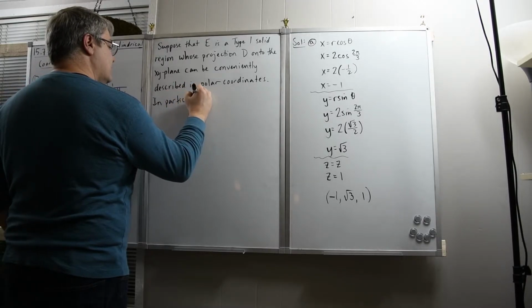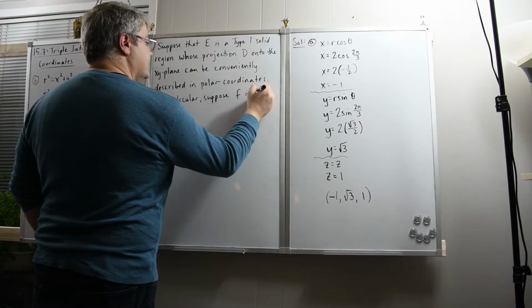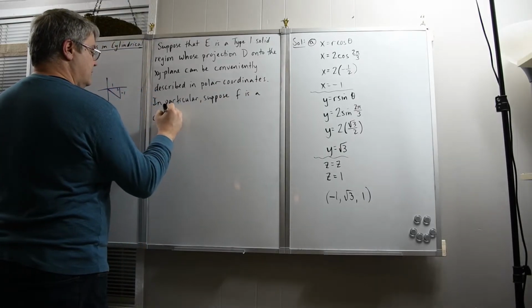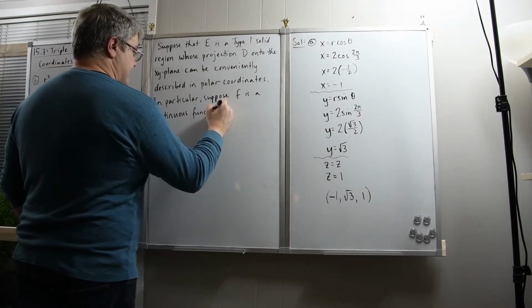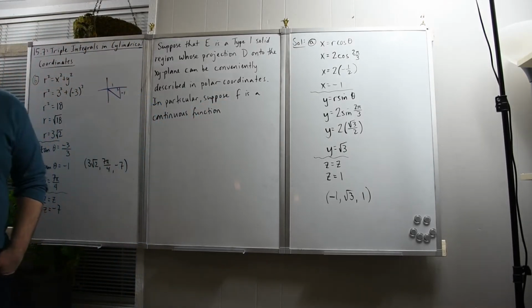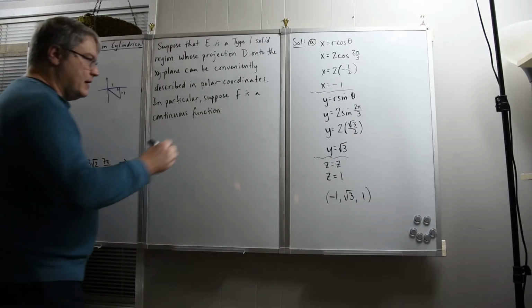In particular, we're going to suppose f is a continuous function, so f will be a continuous function of 3 variables. And we're going to define E as follows.